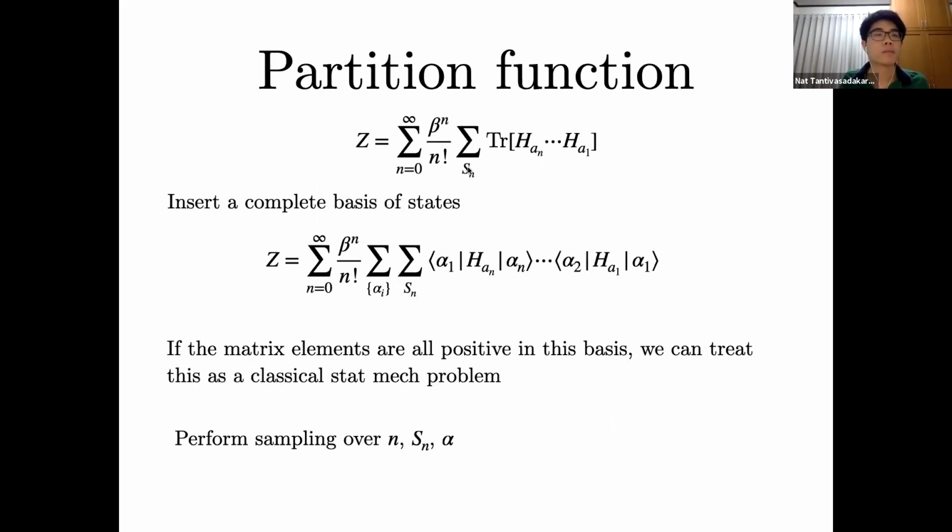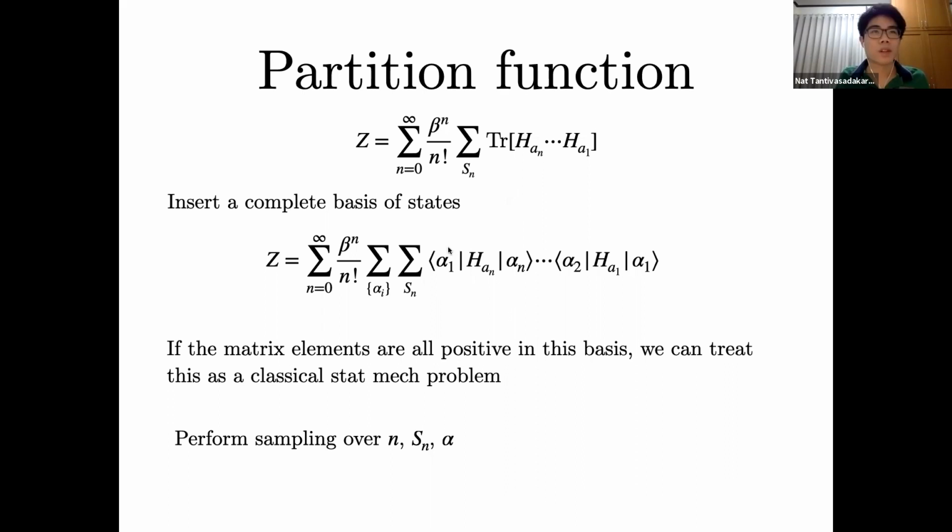Right, so going back to the partition function. I'm just writing it as a trace over all insertions of terms in the Hamiltonian, and I'm summing over all such possible configurations. I'm calling this the operator string.